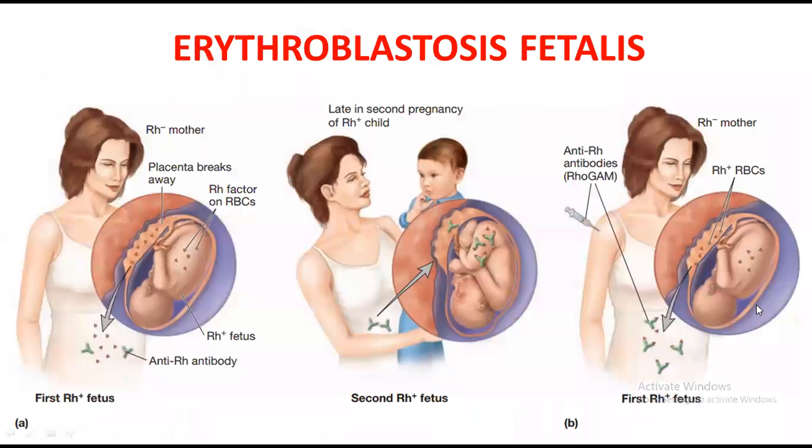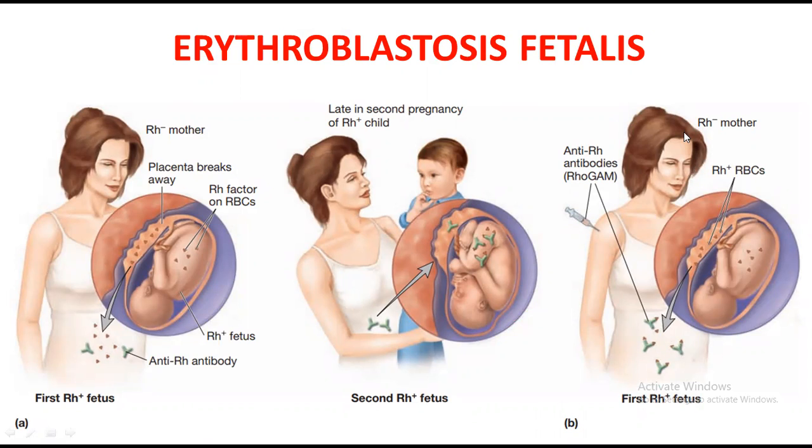Now the last slide is about erythroblastosis fetalis. It is also a type of hypersensitivity type 2 reaction, okay. I think you know that there is also a special type of blood group, that is A positive, B positive, AB positive, AB negative, B negative, A negative.